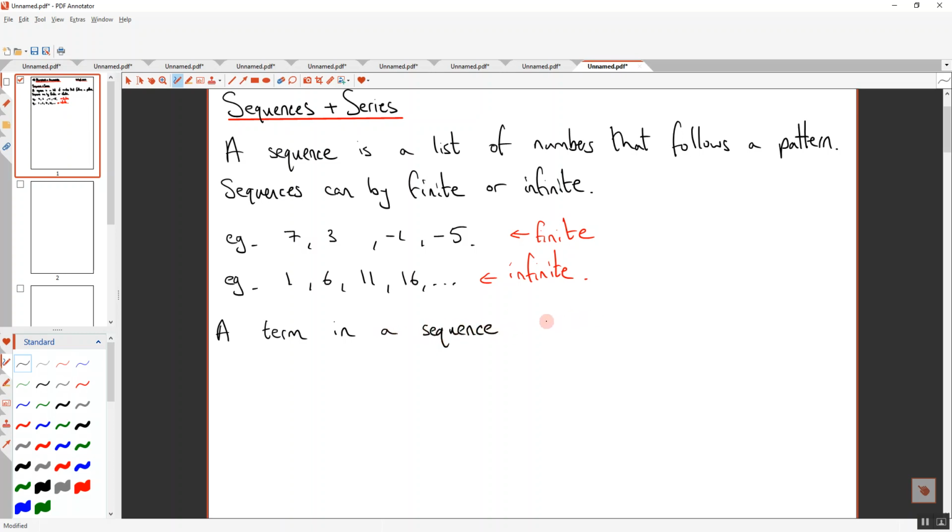A term in a sequence is denoted by, do you remember what notation we used for any term in a sequence? Not N. U, good, U with a little subscript N. I do not want to see this type of thing.